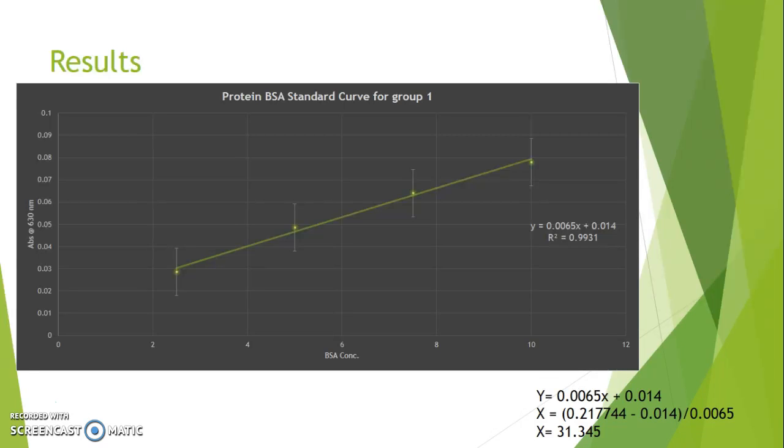Here is the protein BSA standard curve for Group B. It is noted that point 0, concentration 0 and concentration 12 are left out to generate a more linear graph to give a greater representation of the equation of the line. The equation of the line was then used to determine the unknown concentration of my protein, and that was determined to be 31.345.